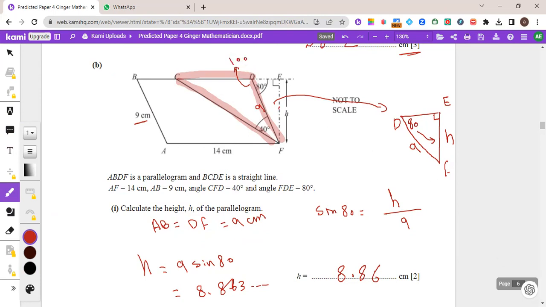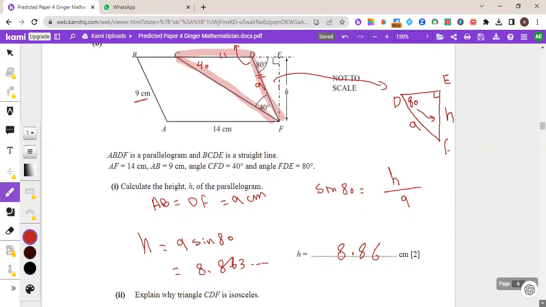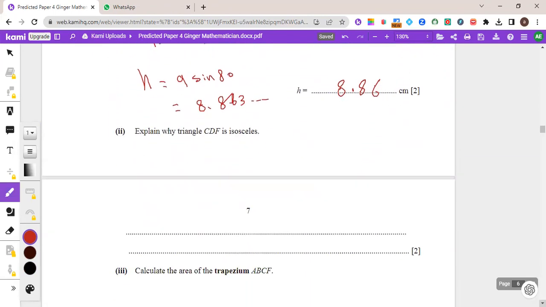So I can write angle CDF is 100 degrees. And also this angle will be 40, 180 minus 100 plus 40. So two angles in the triangle are congruent, so it is an isosceles triangle. So angle FCD equals 40 degrees.